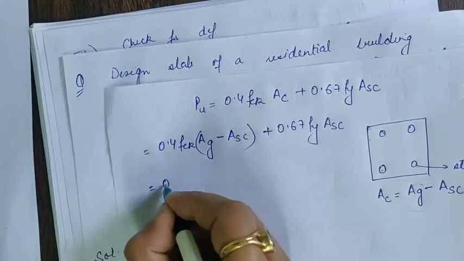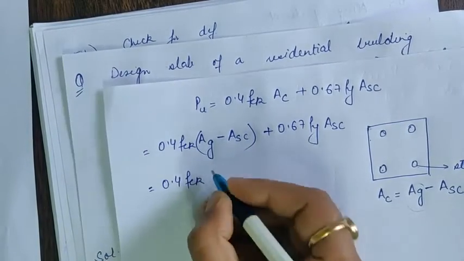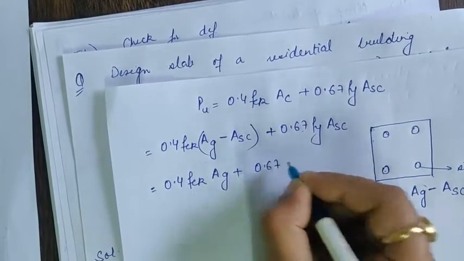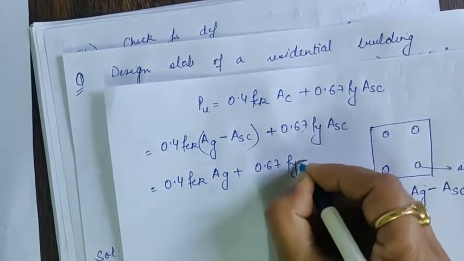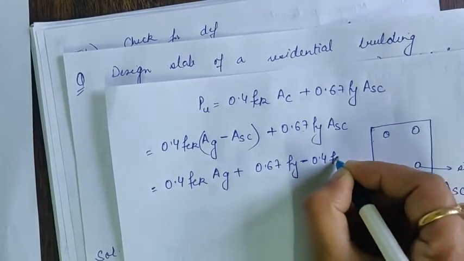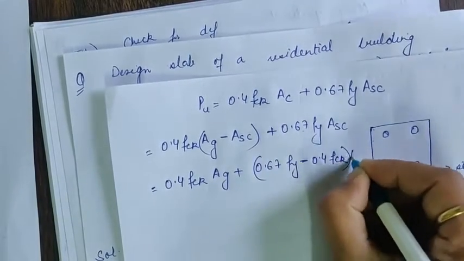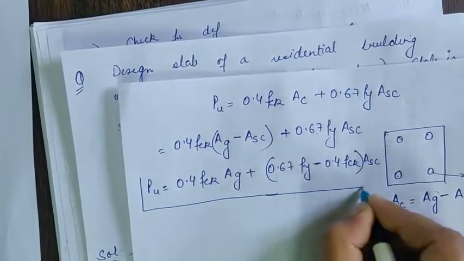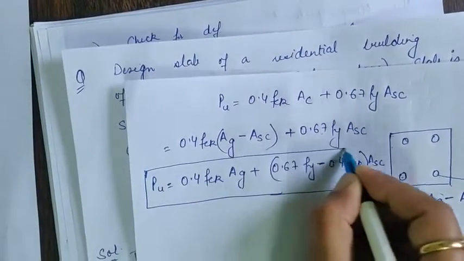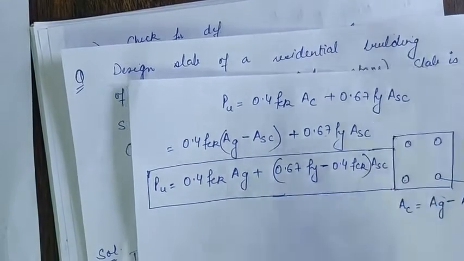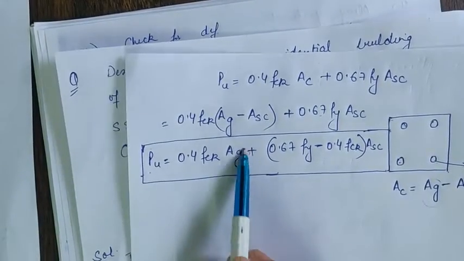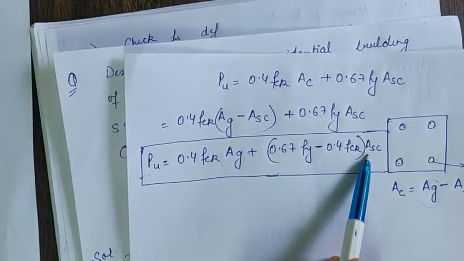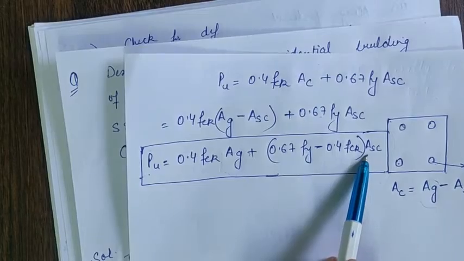So this comes out to be 0.4 FCK into AG plus 0.67 FY minus 0.4 FCK into ASC. So this will be the formula that I will be using for calculating the load carrying capacity, or if load is given, for calculating the cross-sectional area and area of steel provided. Is it okay?